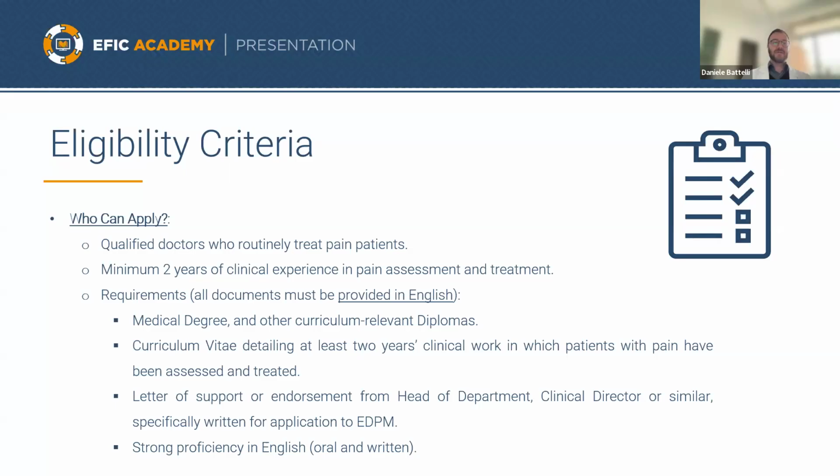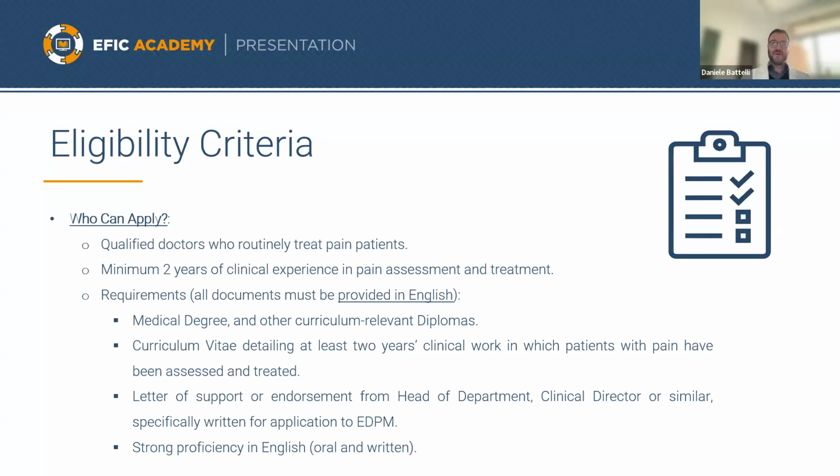What is also required from you is a strong proficiency in English. Remember that the examination, both the theoretical part and the second clinical and practical part, is provided in English. So you should aim for a strong English proficiency in order to have minimum issues during your examination.